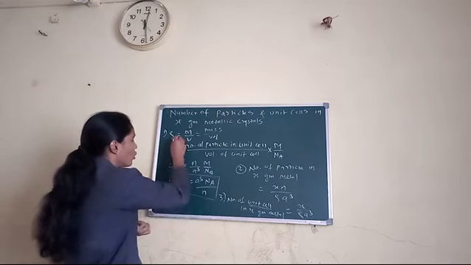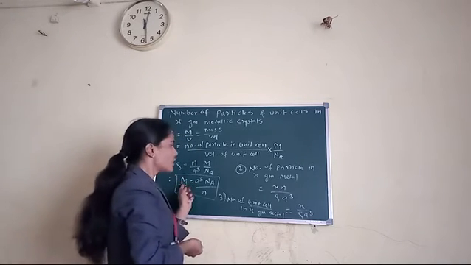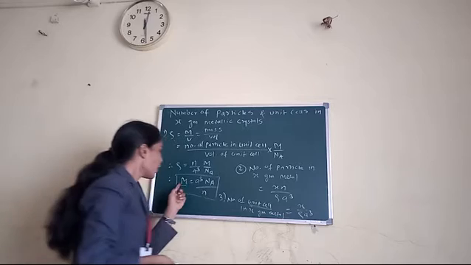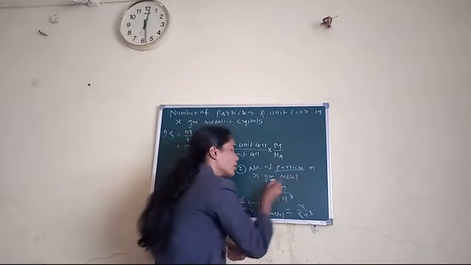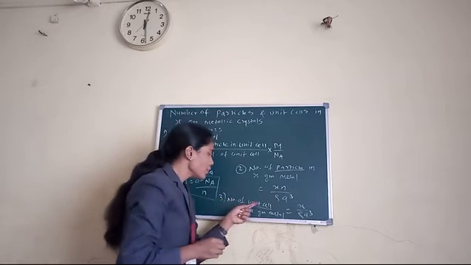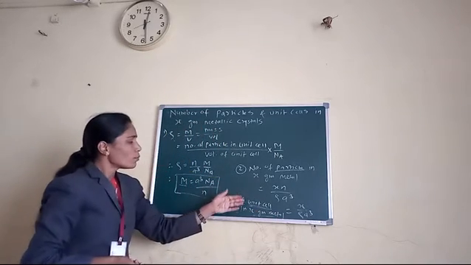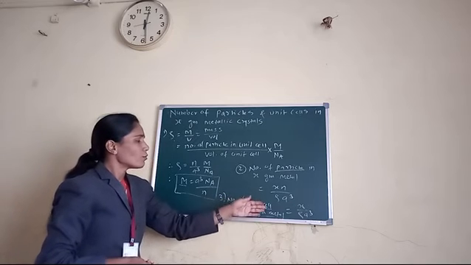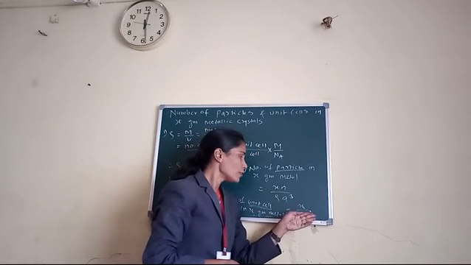Then the third formula is to calculate the number of unit cells. By the first formula we calculate the mass of unit cell, then the second is the number of particles in X gram of metal, and the third formula is for the number of unit cells in X gram of metal. The number of unit cells is X upon rho into a cube.